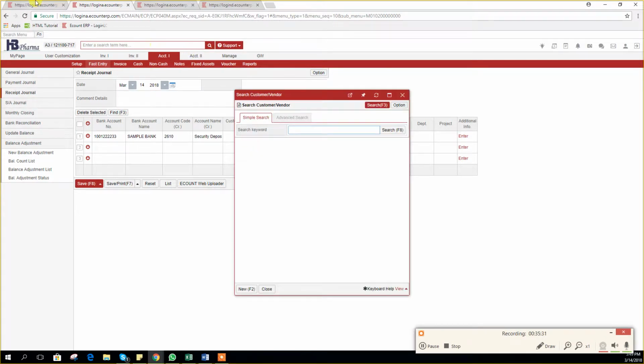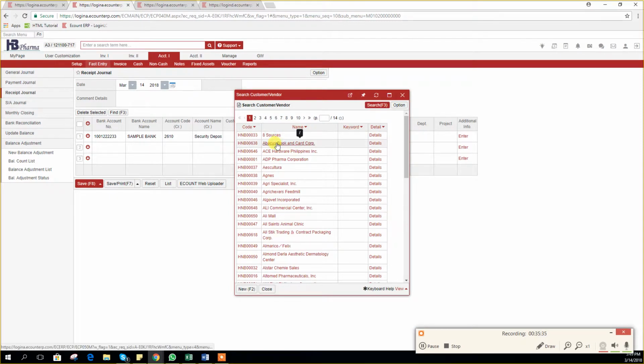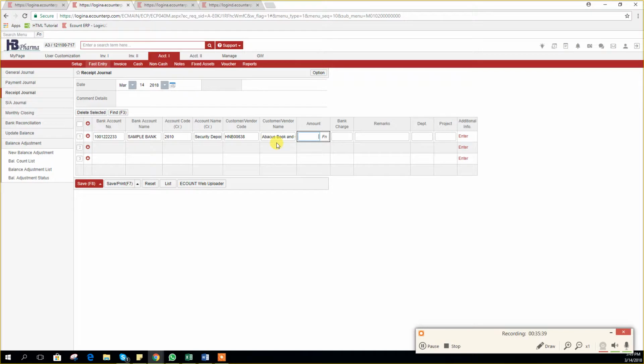So now, which customer is it? Let's say it's Basker's book card. Okay, fine. So now you receive money. Let's say you receive 10,000. There's no bank charges.